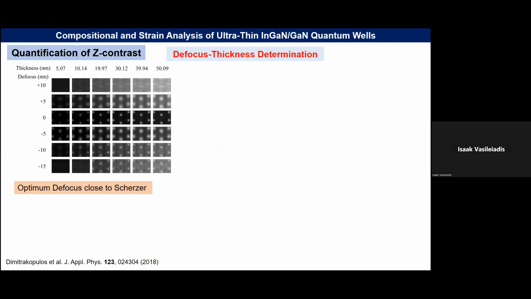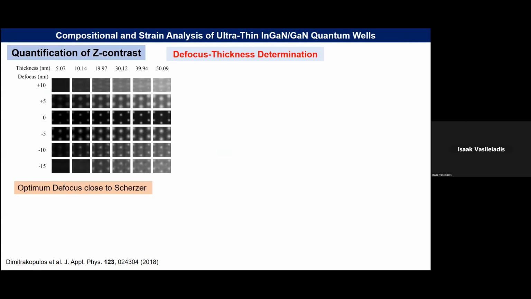And now I will show you how you can estimate the composition, determine the composition by using not the strain values, but the intensity directly. The first part of this analysis, you have to find the imaging conditions of the experimental images.